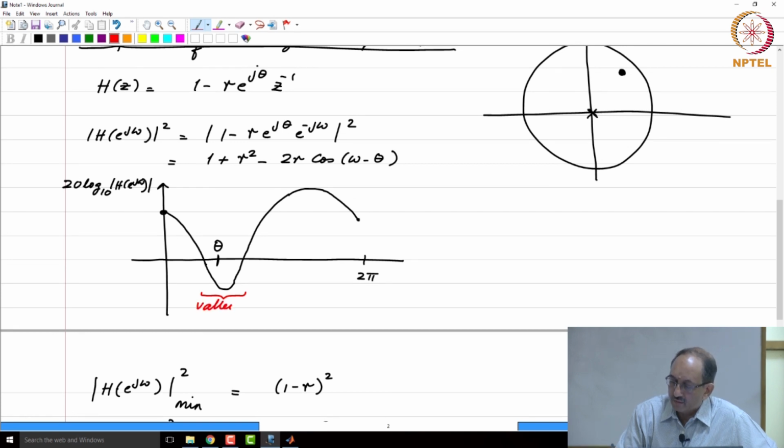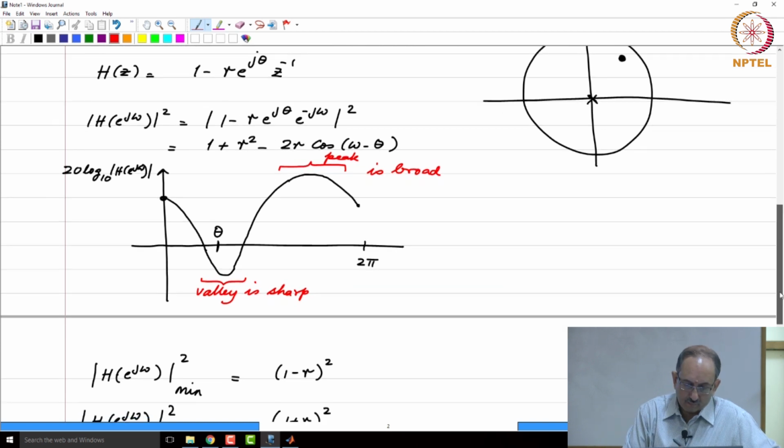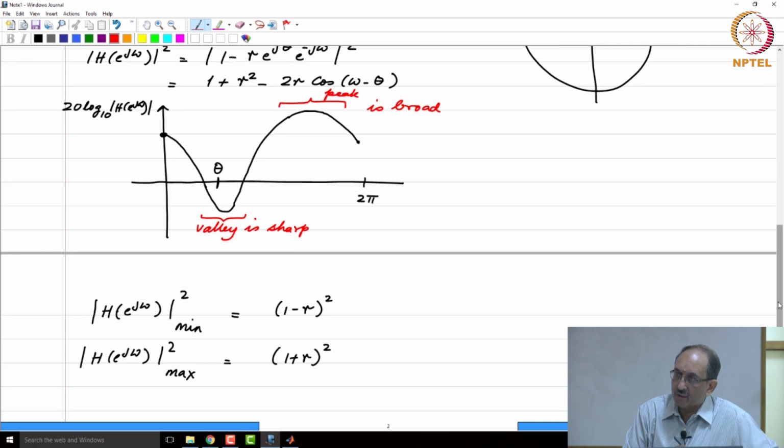Therefore, this valley is sharp, and this is the peak, and the peak is broad. So, we make the general statement that zeros close to the unit circle give rise to sharp valleys.